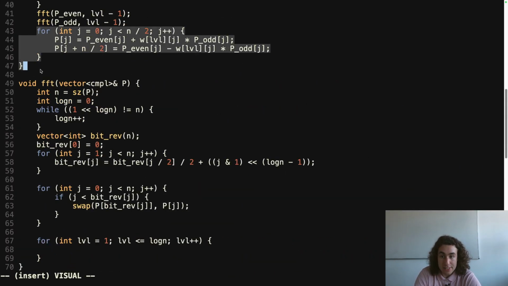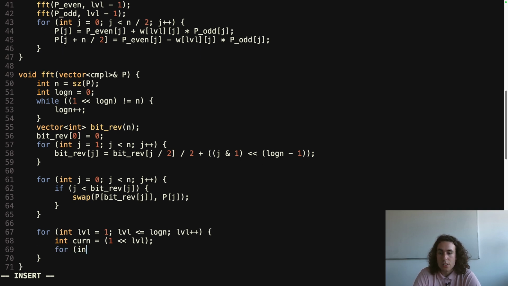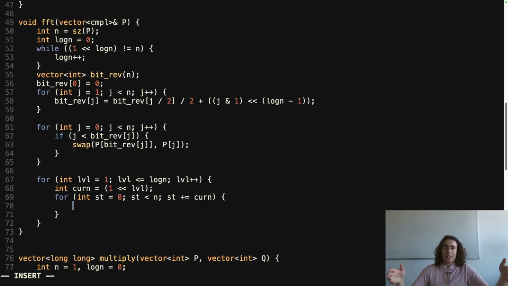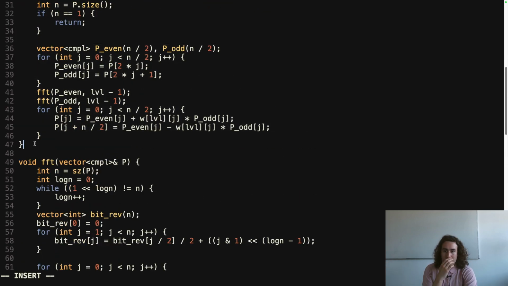So we do the same thing as here, but we need to do it not just for one specific part, but for all chunks of size char n, which is 2 to the power of level. So for all starting points from 0 to n, and these starting points, I add char n to them. So I take the first char n elements, I merge them. I take the next char n elements, I merge them, and so on. So for every char n elements, I need to do this one step of recursion.